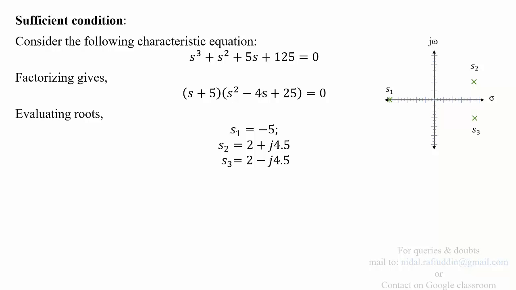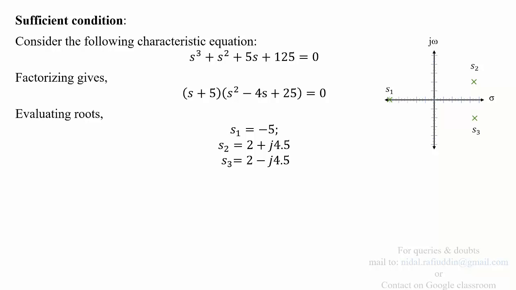I again repeat that whenever you're given the characteristic equation of any system, the first thing that you will be checking is the two necessary conditions, because if any of the two necessary conditions is violated, in that case you will straightforwardly write the system to be unstable.